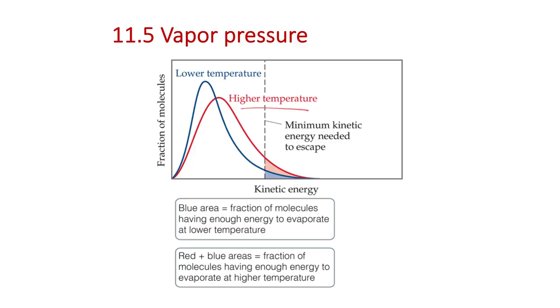Now I know this graph is taken from a gas chapter, and we're thinking of liquid molecules' average kinetic energy, but molecules in a liquid that have a high enough kinetic energy can escape the surface and go into the gas phase as vapor, and the molecules with a lower velocity stay as a liquid. As soon as the molecules have enough kinetic energy that they all release into the gas phase, we then have boiling. So as we increase temperature, more molecules have enough energy to escape into the gas phase.